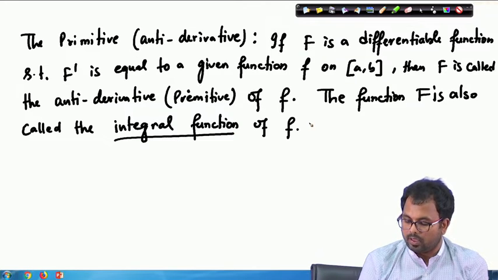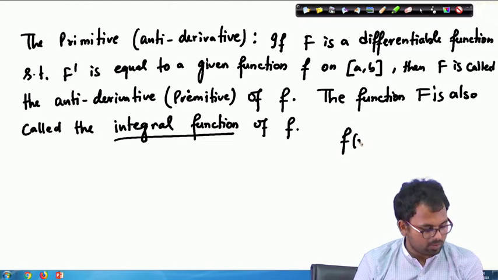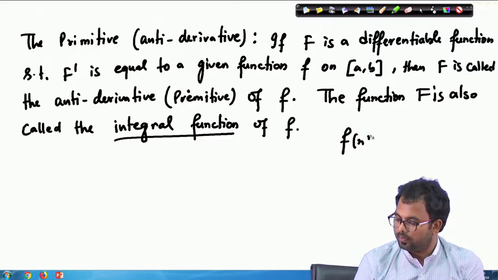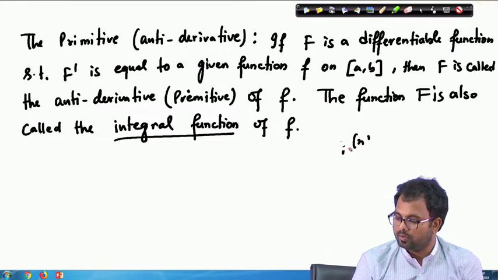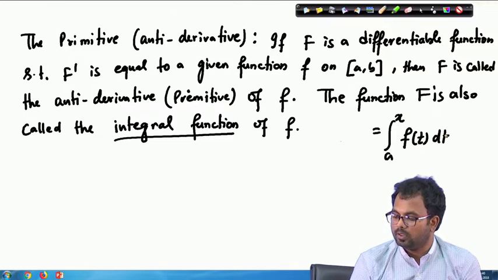It means that we can write this function capital F as, let us say, the integral from a to x of f(t) dt.